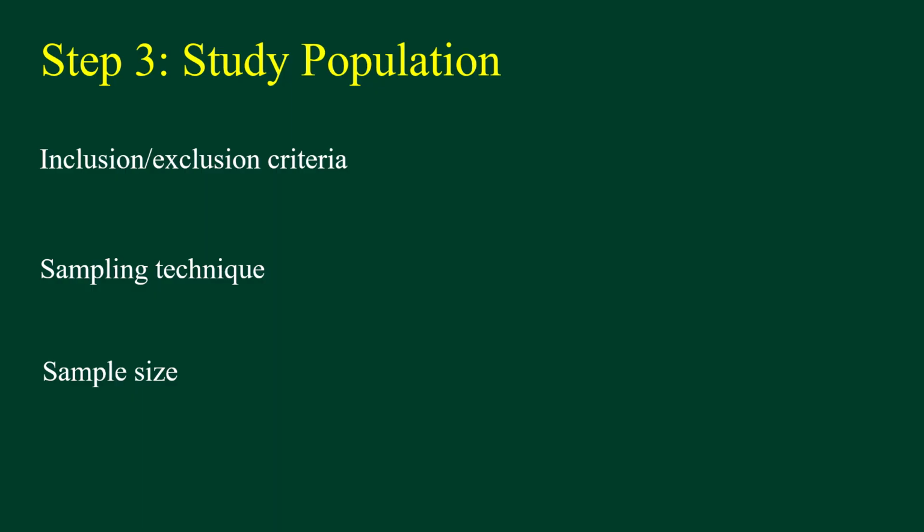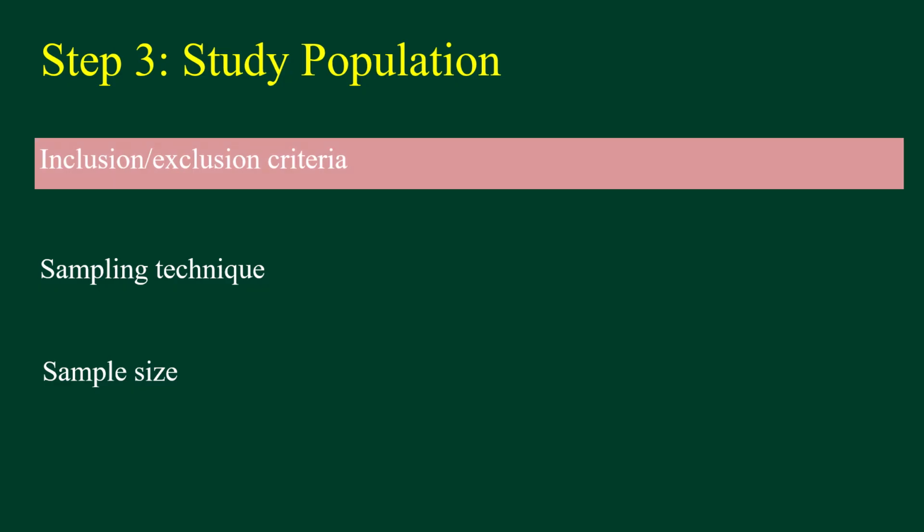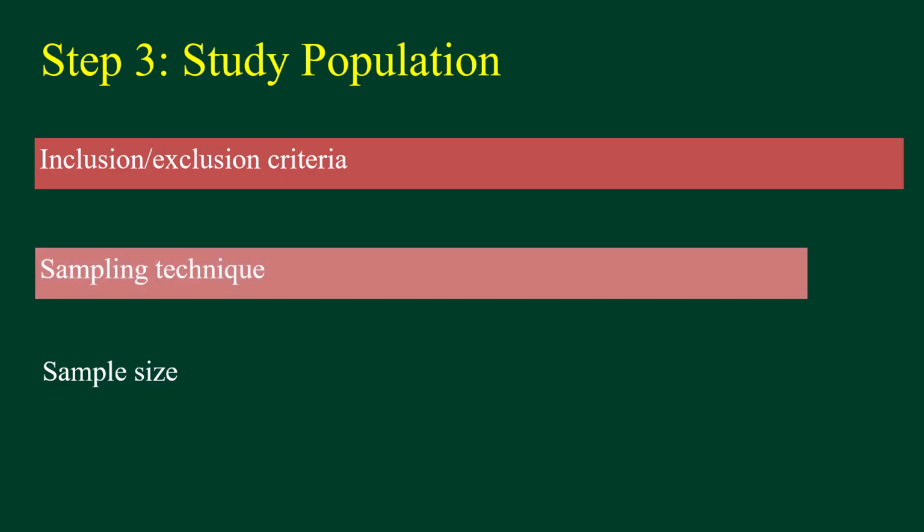Step 3, about the study population. The target population and characteristics, how many samples, from where they were taken, should be given very clearly. What was the inclusion criteria and what was the exclusion criteria? That is also very important. Sampling technique, whether it was randomized, stratified, convenient or purposive, that should be clearly written.